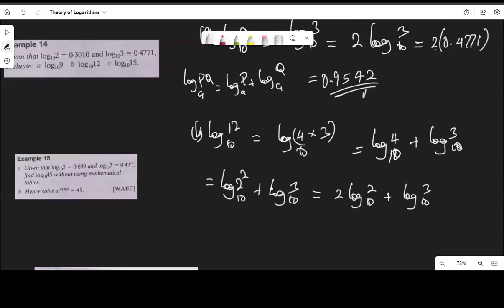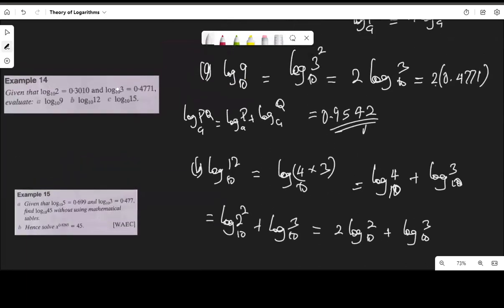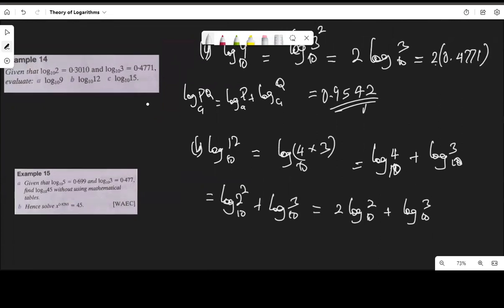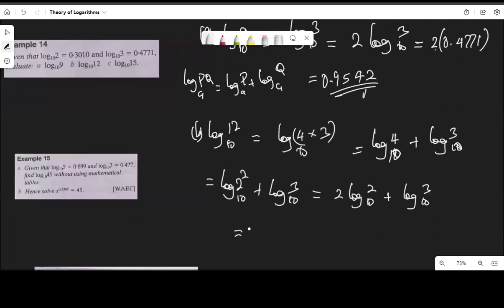Now we can substitute the values: log 2 to base 10 is here and log 3 to base 10 is right here. So this will be 2 multiplied by log 2 to base 10, which is 0.3010, plus log 3 to base 10, which is 0.4771. 2 times 0.3010 is 0.6020, plus 0.4771.